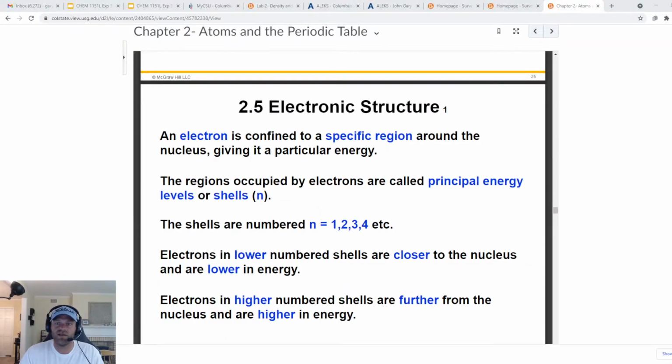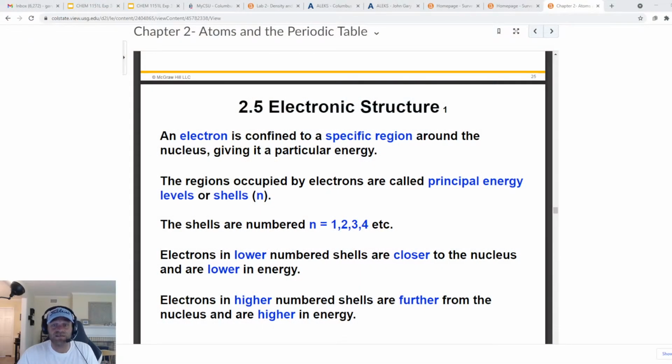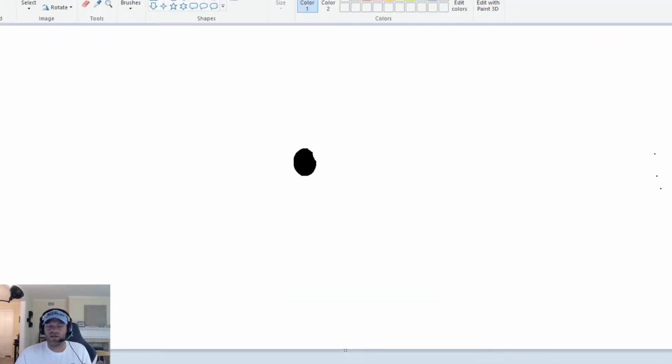All right, so now that we are done with that, let's go ahead and get into today's chapter. So remember we talked about electrons in the last lecture. We were looking at the nucleus, which consists of protons and neutrons, and then the electrons deposit on the outer, we called it an electron cloud.